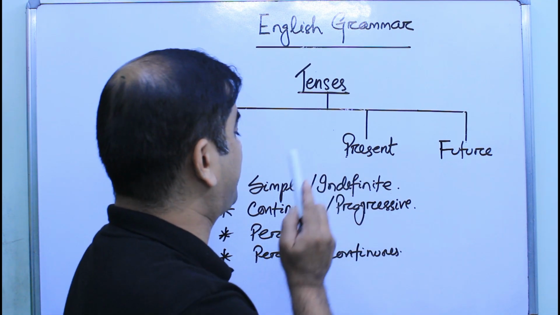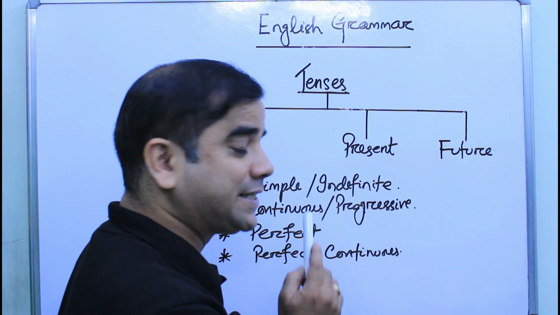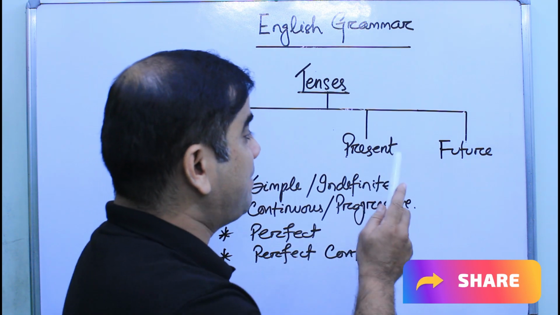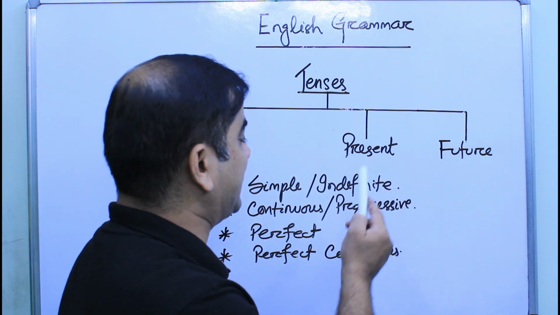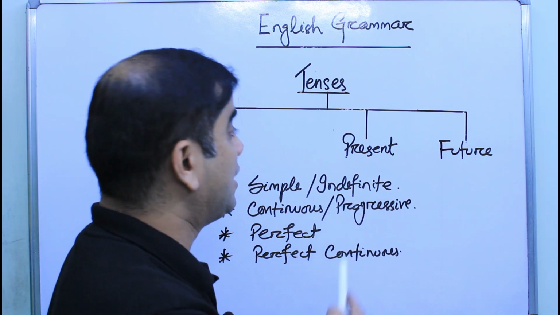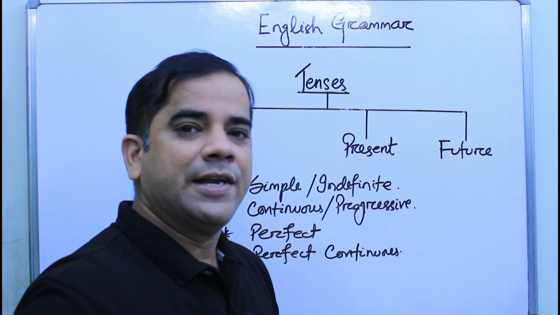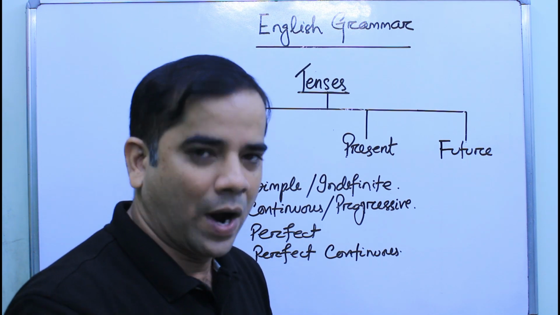Same way, simple present or present indefinite, present continuous or present progressive, present perfect, and present perfect continuous. Same, simple future or future indefinite, future continuous or future progressive, future perfect, and future perfect continuous. So now we are going to discuss each of them one by one.